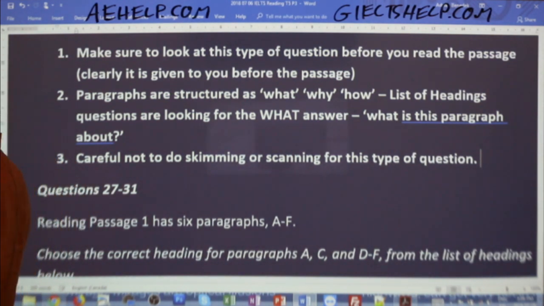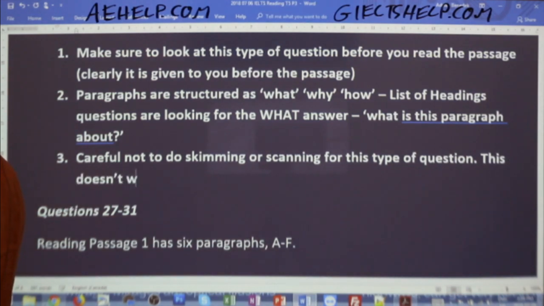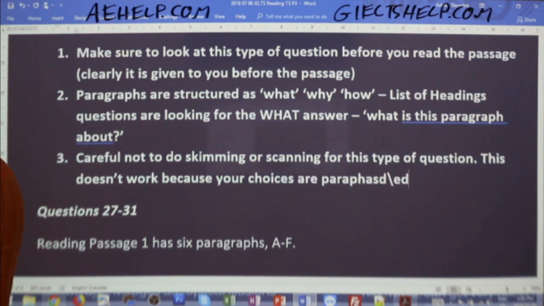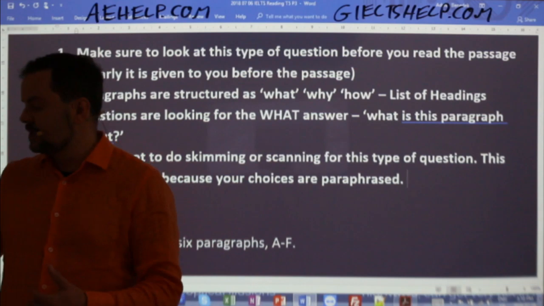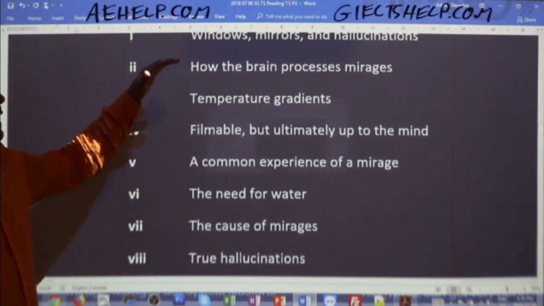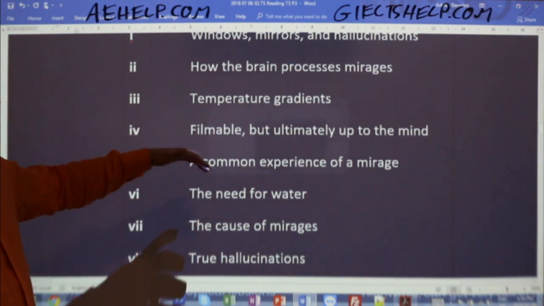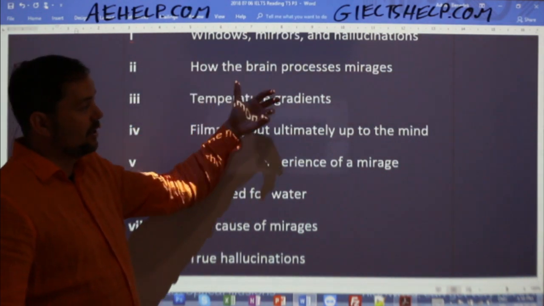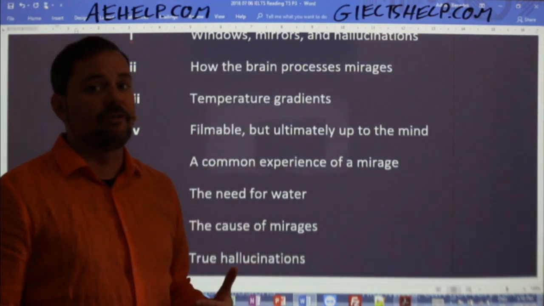So this doesn't work because your choices are paraphrased, okay? So in most cases, you won't actually find the same words in these choices. So these choices that you see here, you won't actually find the same words that you find in the correct paragraph. Why? Because they're paraphrasing.